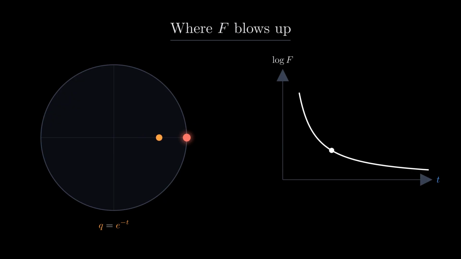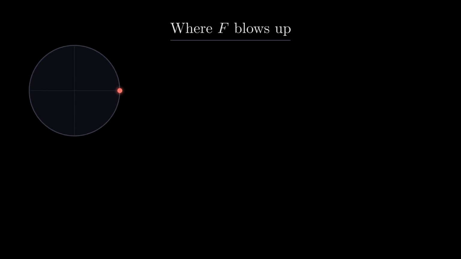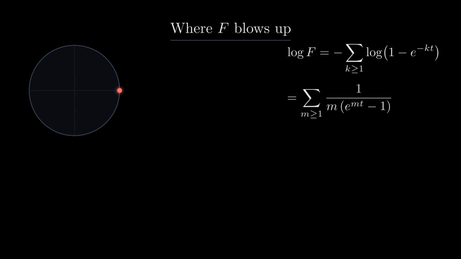Here is the calculation Hardy and Ramanujan leaned on. Take the log of F. The product becomes a sum of logs. Expand each log as its own little series, and after you regroup, every term has this shape. When t is tiny, e to the mt minus 1 is almost just m times t.